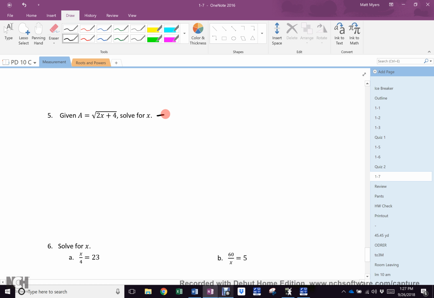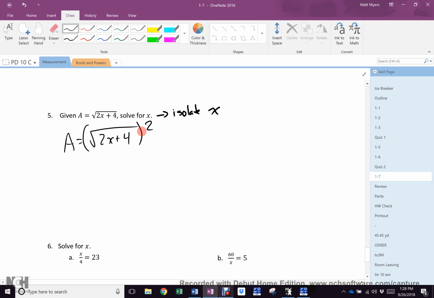Solve for x. That means isolate x. a equals the square root of 2x plus 4. Well, if x squared equals a, how do I get rid of the squared? I square root. So that must mean that if I have a square root, I have to square.